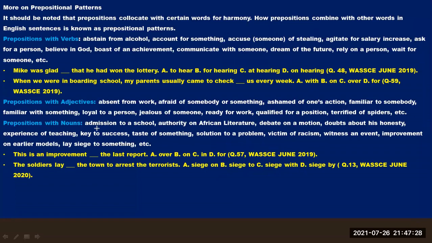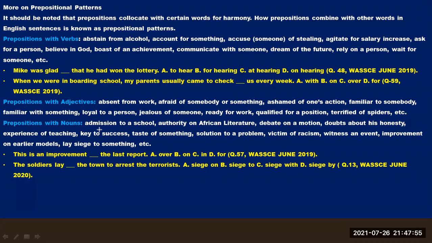Now, let's look at more of the prepositional patterns. And here we have to look at words that are frequently used with prepositions. In one of the videos you will find in the description section below, you will have a more detailed explanation of the grammatical concept of collocation.